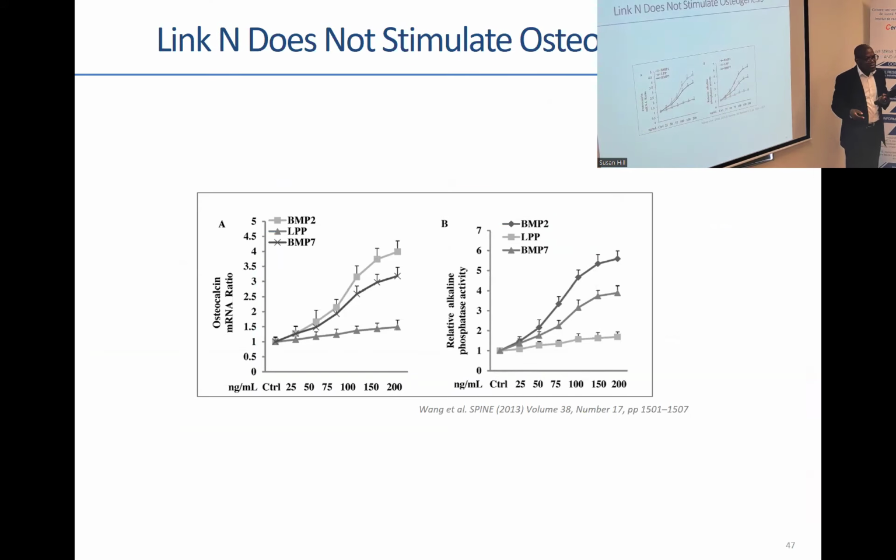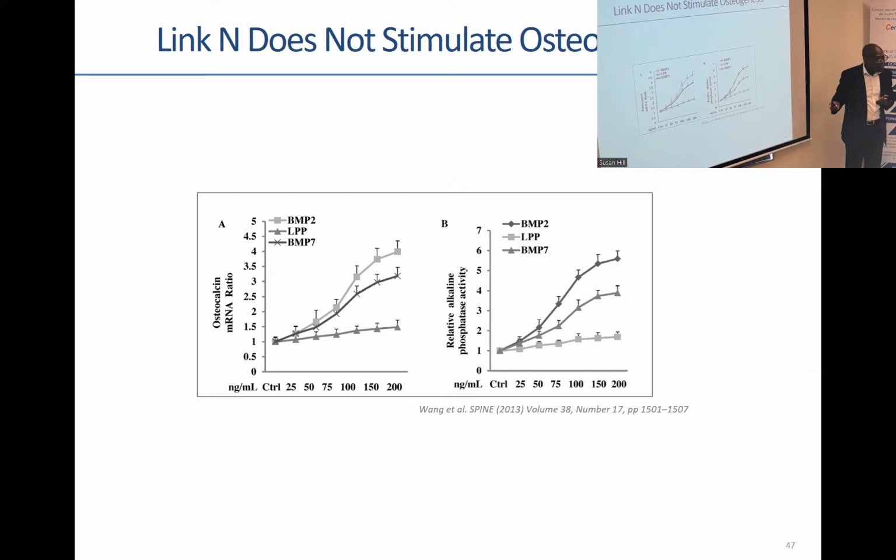Now, with all this talk about BMPs, which are bone morphogenetic proteins, when somebody hears about BMPs, you think about bone formation. So the question that people immediately were asking is, if Link is making the BMP, are you not forming bone? And if you're forming bone, it's not good for cartilage, and it's not good for the intervertebral disc.